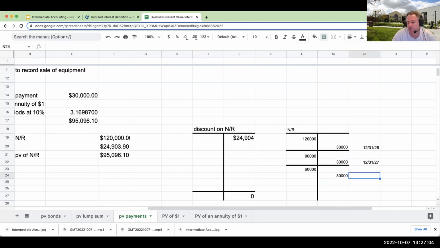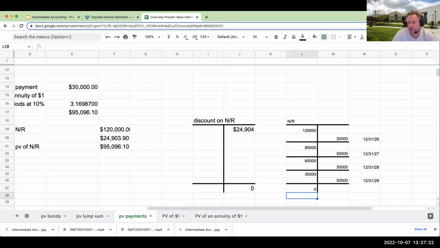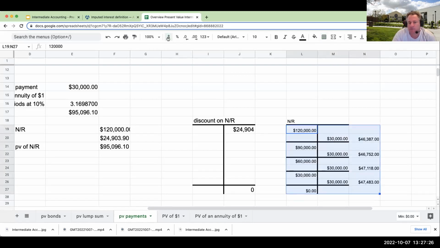Another 30,000 on 12/31/28, leaving another 30,000. Then 30,000 on 12/31/29, and now we get down to a 0 balance, right? So it's going to have a 0 balance at the very end.